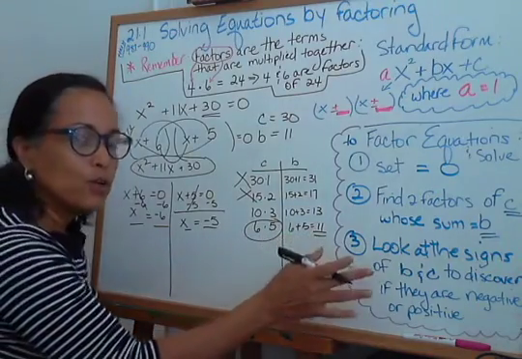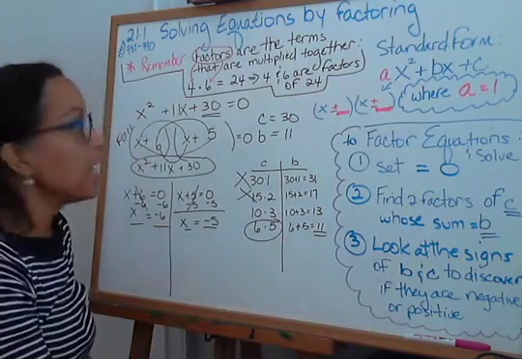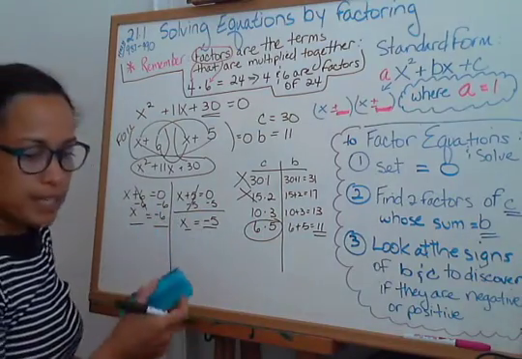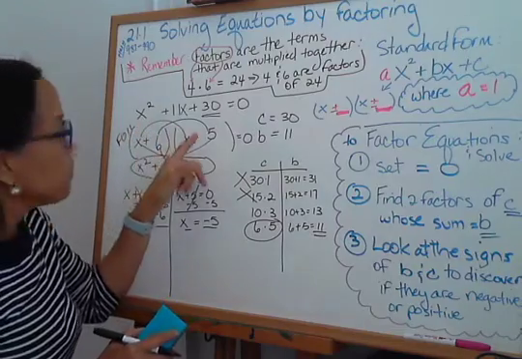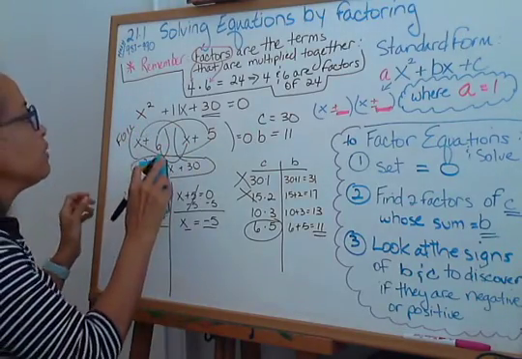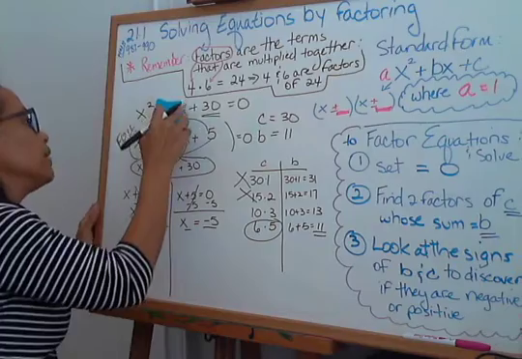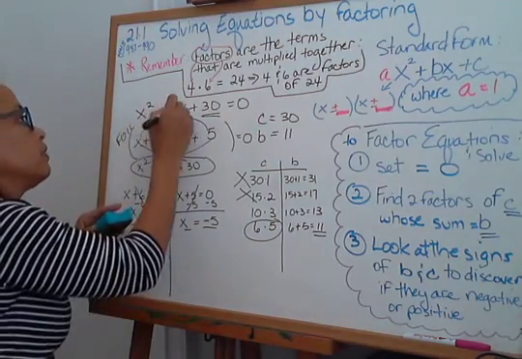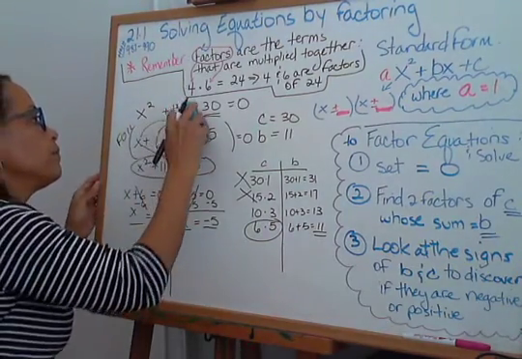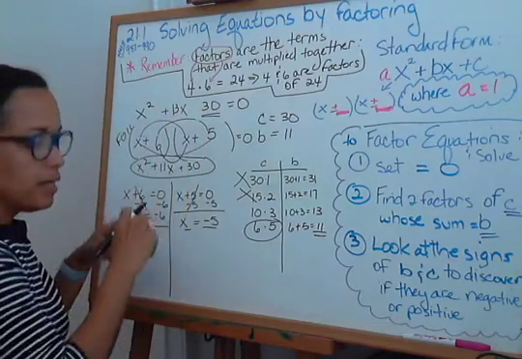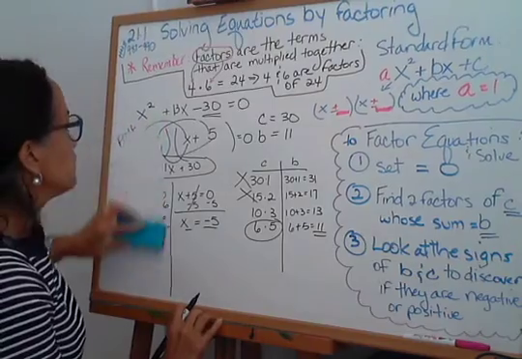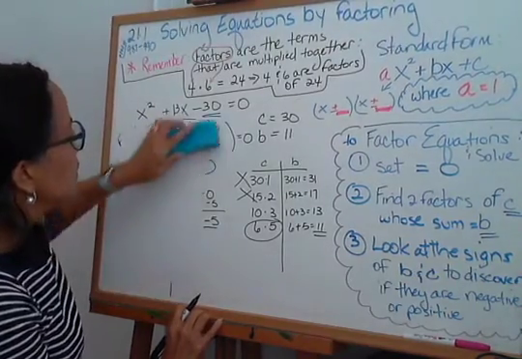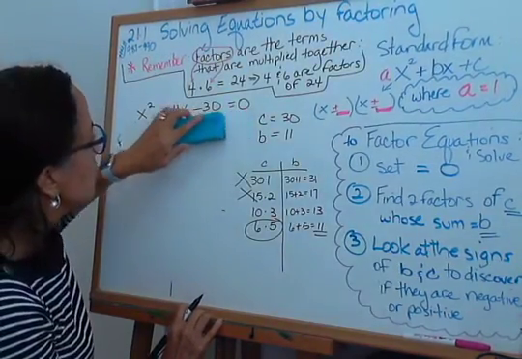Now let's take a closer look at the signs. What if instead of having this where all the numbers were positive, we had it where they were negative? We'll make this 13x and make this negative 30, and let's see how that would change it.